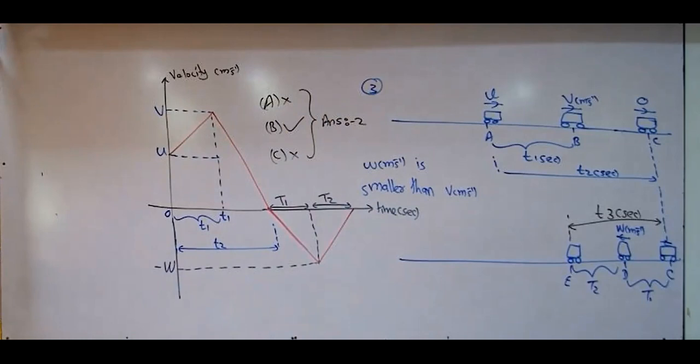What about the fourth question? In a vernier instrument, 50 vernier parts coincide with 49 main scale parts. If one main scale division equals 0.5 millimeter, what is the least count of the instrument?